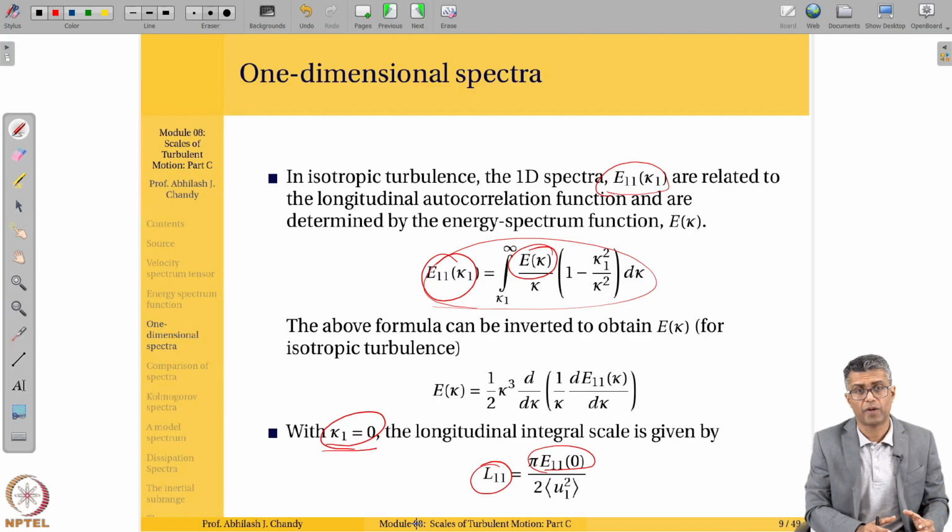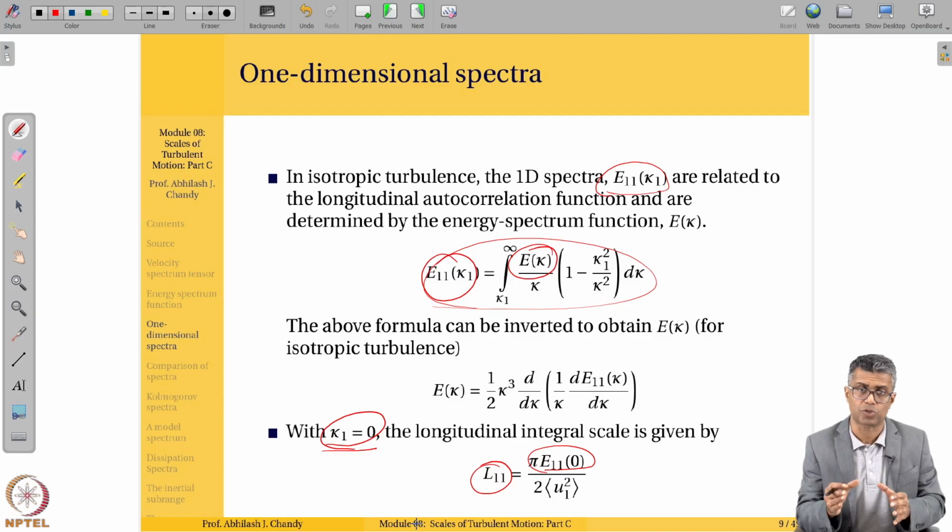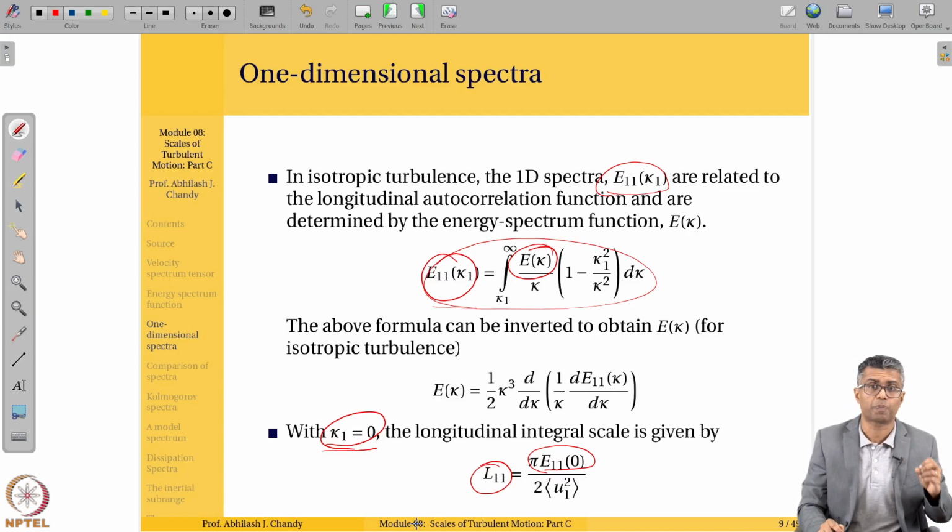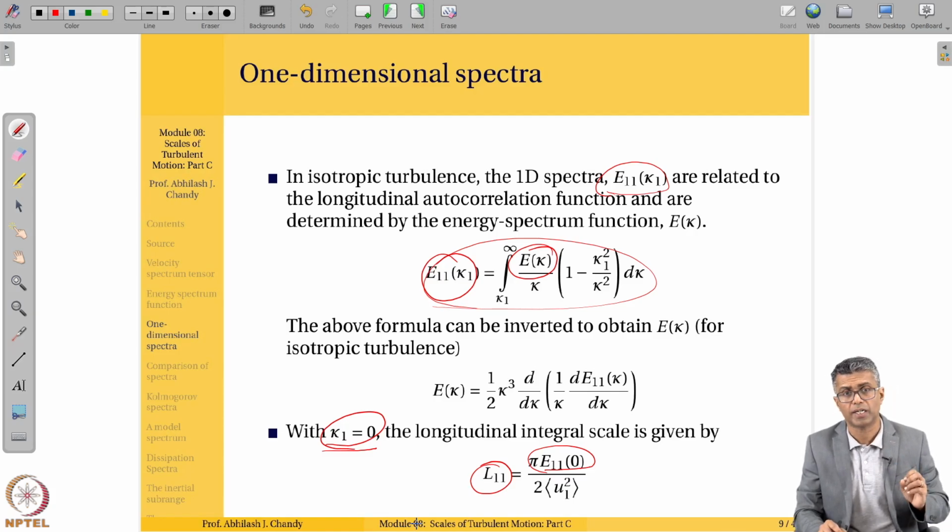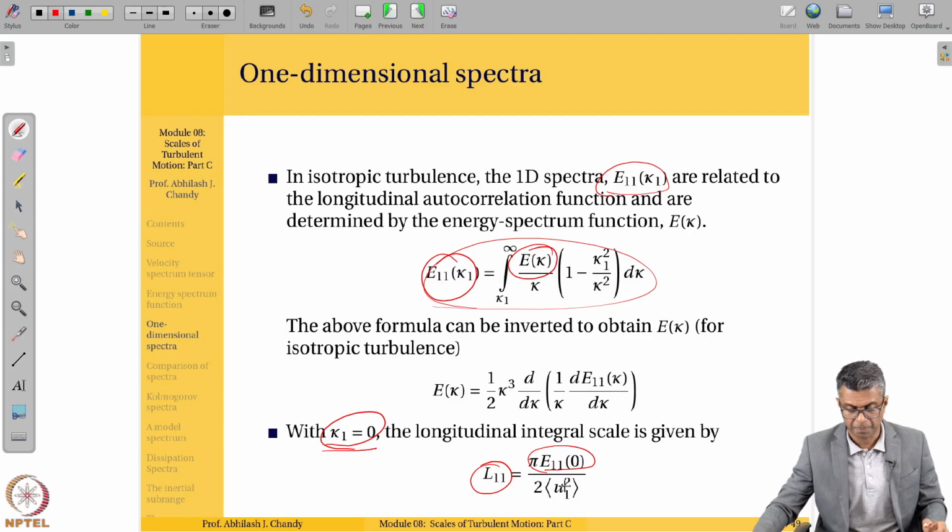So the lowest wave number naturally would be associated with the largest length scale, which is your integral length scale. And since we are using the longitudinal 1D spectra, we would get the longitudinal integral length scale. So L11 is pi E11 of 0 divided by 2 U1 squared average.